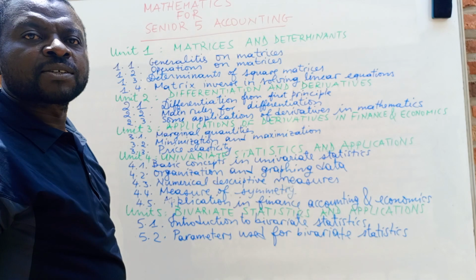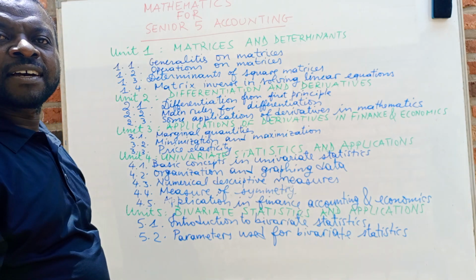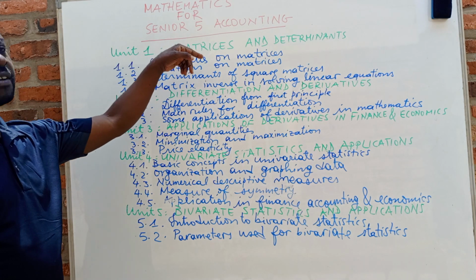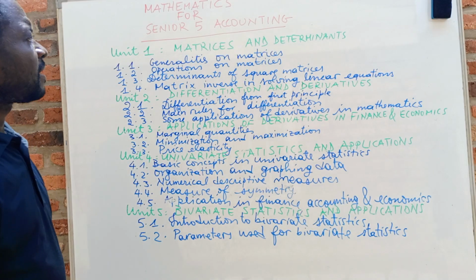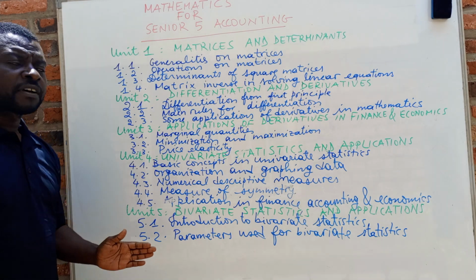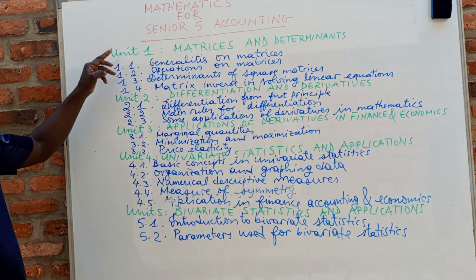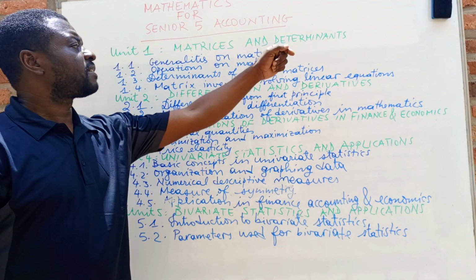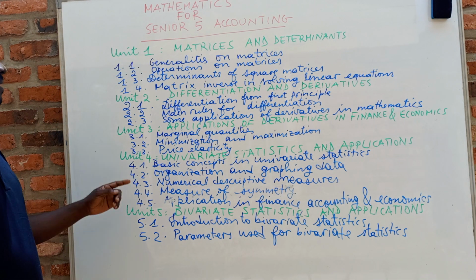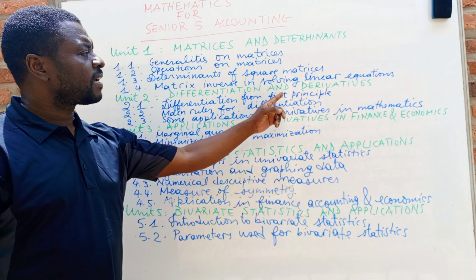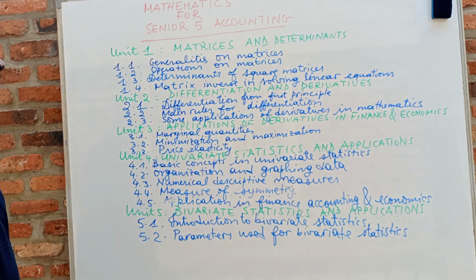Okay, so hi. This is mathematics for senior 5 accounting. We will cover 5 units. Unit 1 is matrices and determinants. Unit 2 is differentiation and derivatives.